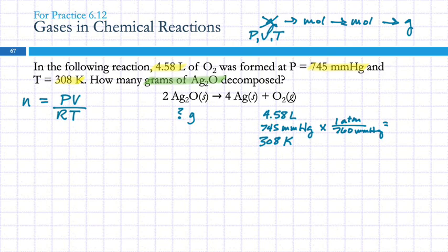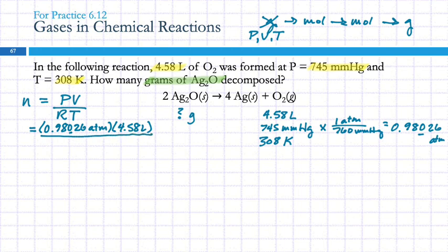So 745 divided by 760 gives me a pressure of 0.98026 atmospheres. So I can find the moles using the pressure and the volume, and the ideal gas constant, and the temperature.